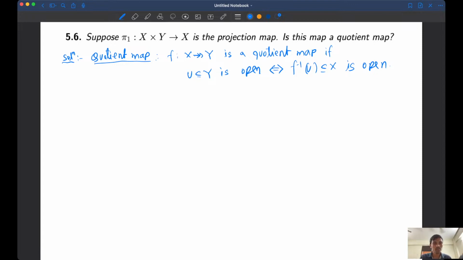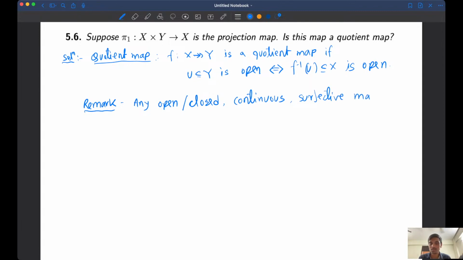Okay, so for open maps, just a remark: any open continuous surjective map, or even a closed continuous surjective map, is a quotient map.